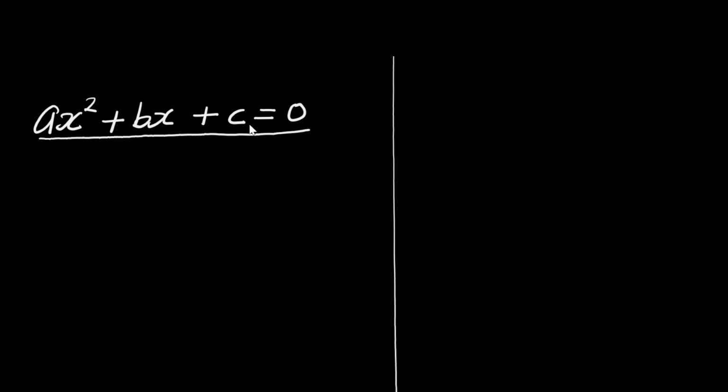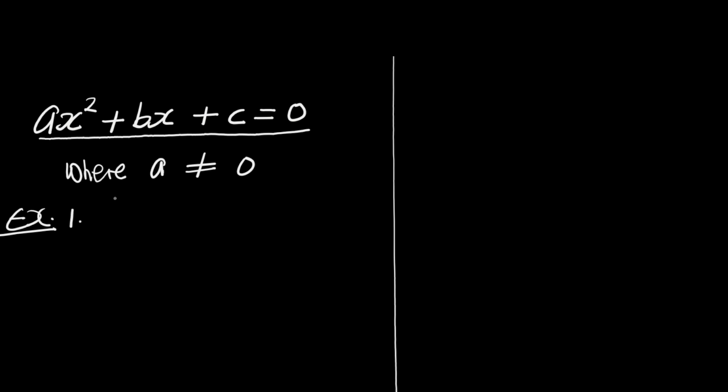A quadratic equation is any equation of this form, where a is not equal to 0. The idea of factoring is to express the equation as a product of two brackets.